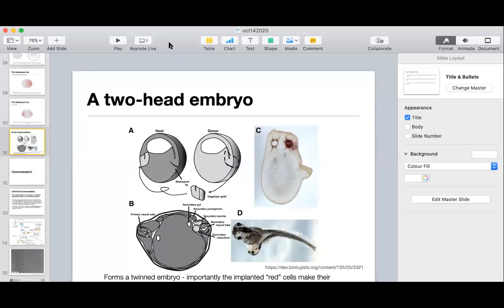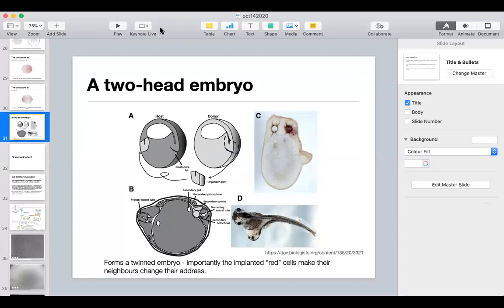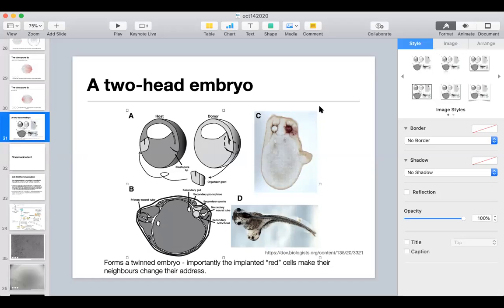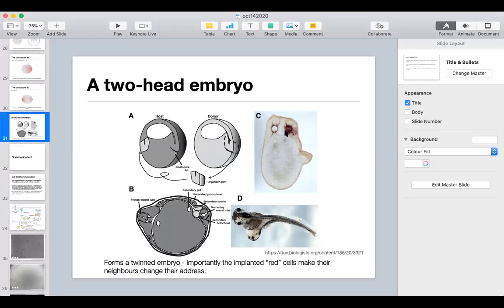So this image, you mean? Yes, right. So here, this is the notochord, and this has come from the host, and this has come from the donor. This red notochord is coming from the donor here. The donor has been pumped full of a tracer.